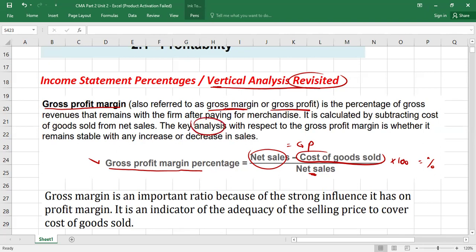And what is the analysis actually? What are we trying to analyze here? The key analysis with respect to the gross profit margin is whether it remains stable with the increase or decrease in sales.